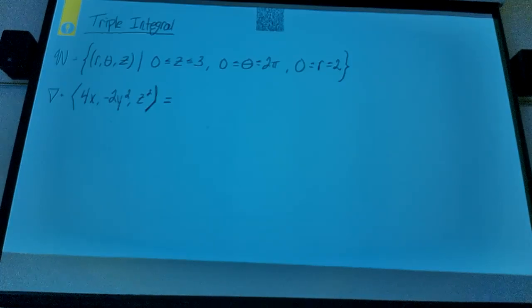So I need to go back and look at the definition of divergence, which was when we did vector fields.